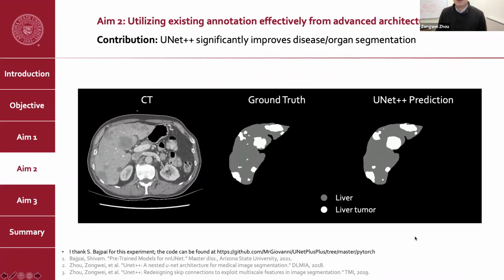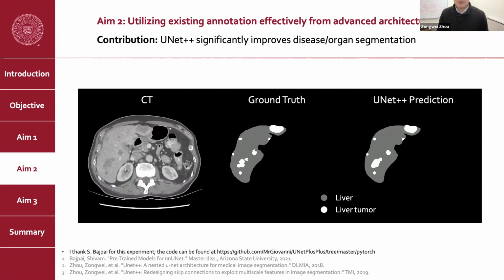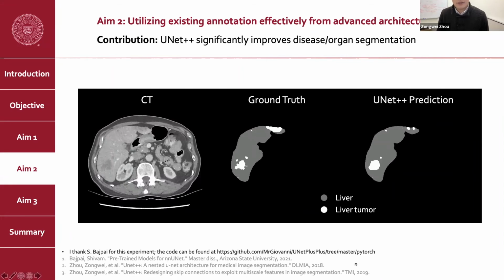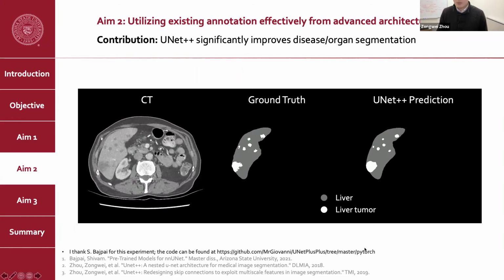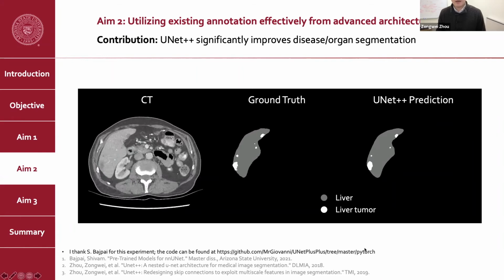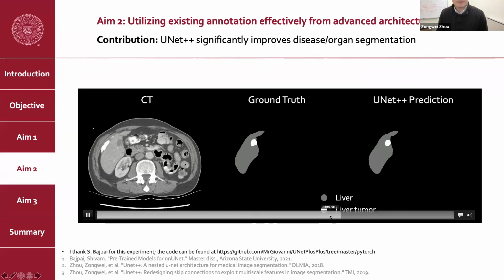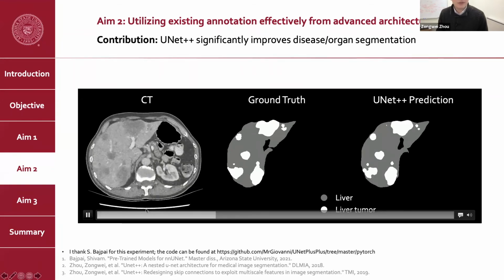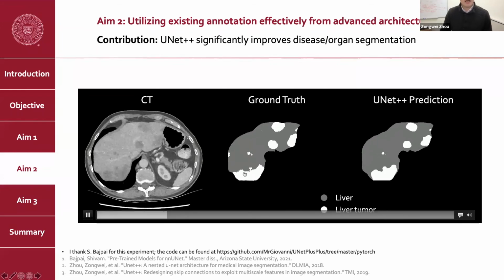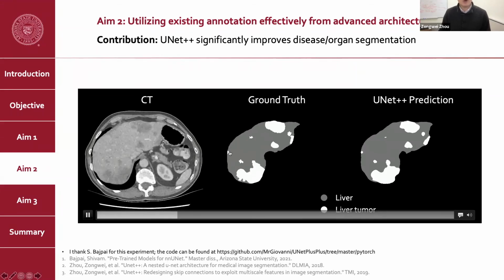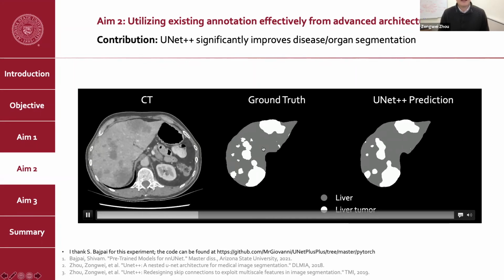The first point I would like to make is the prediction of UNet++ is very similar to the human annotation. And the second point I would like to emphasize throughout my talk is annotating work is extremely time-consuming and costly. You can easily find from this example, giving ground truth is a time-consuming job, so the doctor needed to go through every image slice and give the boundary of all the organs and disease.